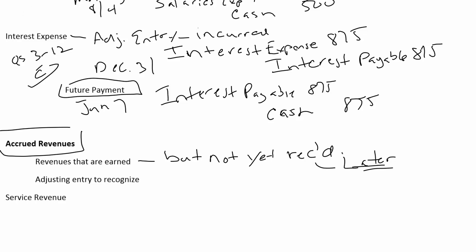So we're going to do an adjusting entry to recognize the revenue now, because we've earned it. You recognize the revenue when you've earned it.